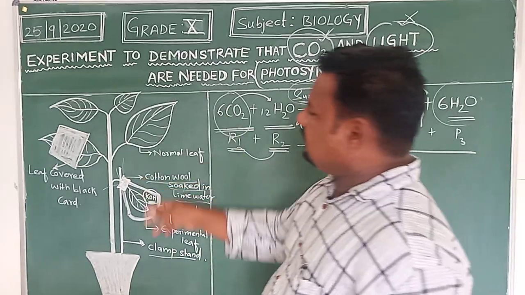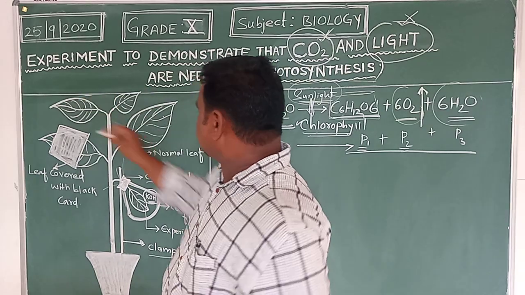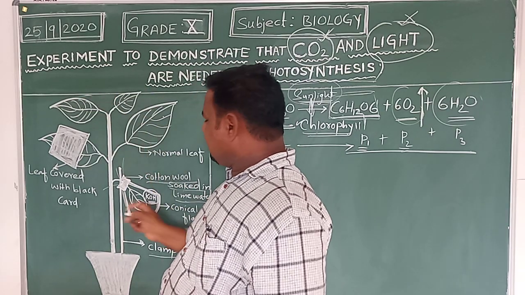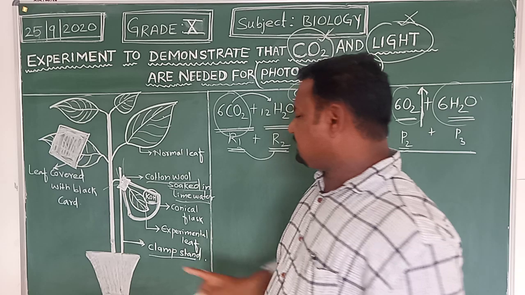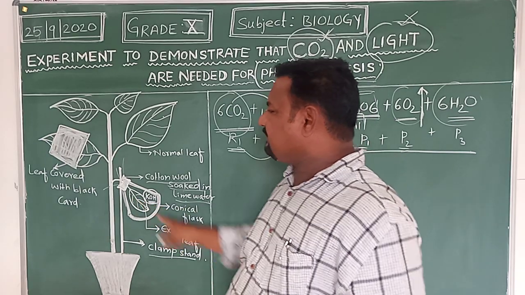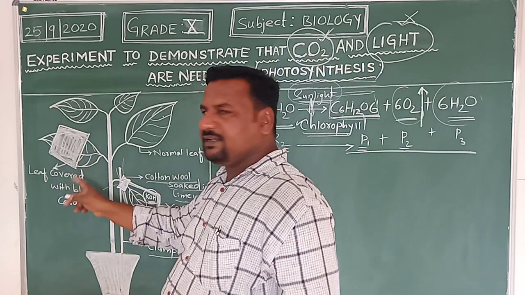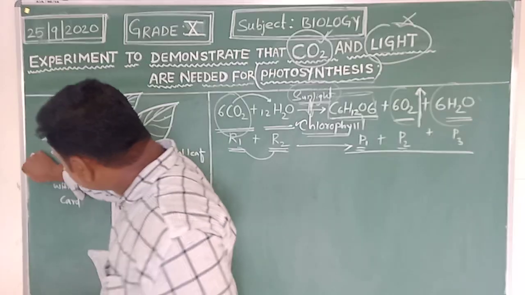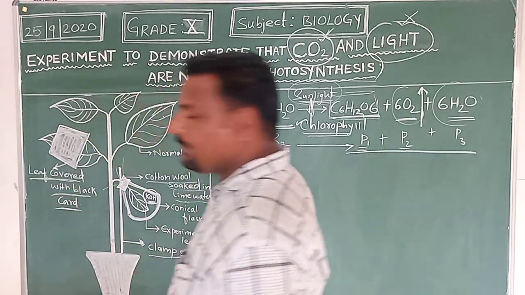In the other setup, these are normal leaves. This is a normal leaf. These two are experimental leaves. This is an experimental leaf, and this also you can call an experimental leaf, which is covered with black tar.